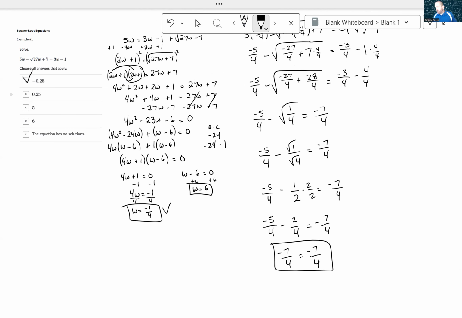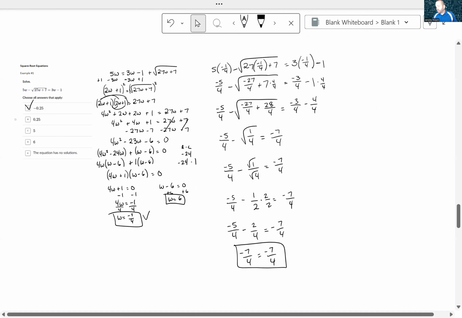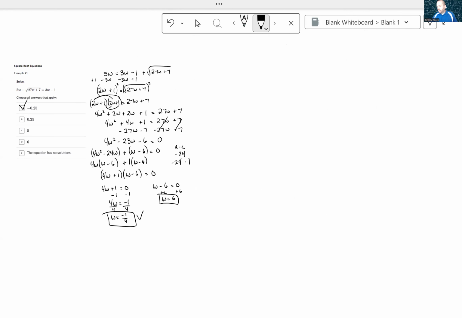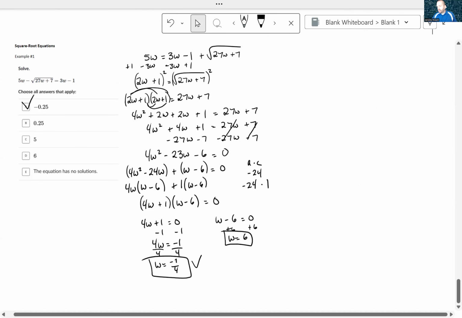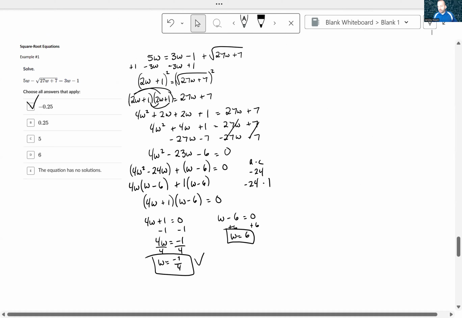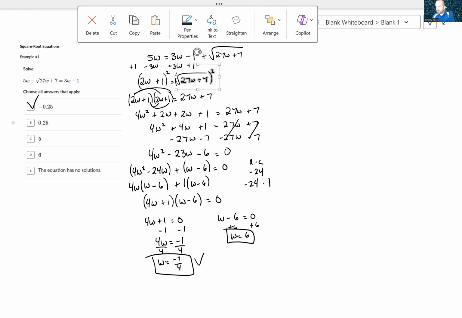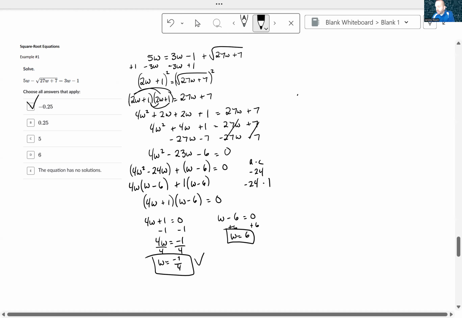Now we got to check w equals 6. So we're going to do the same thing, but plug in 6 for w. And we're using our original equation again. Don't do any shortcuts like I tried to do on our first rational equations problem. Just use the original equation. And if you've made any notations, make sure to erase those just so you don't get confused.